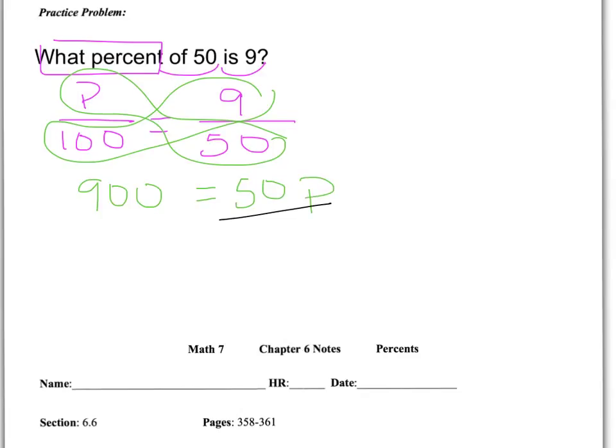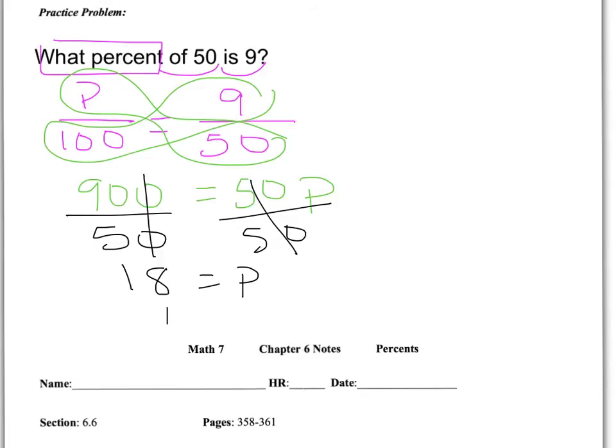I'm going to divide by 50 on both sides of my equation and drop some zeros. So p equals 90 divided by 5, which is 18. So my answer is 18%.